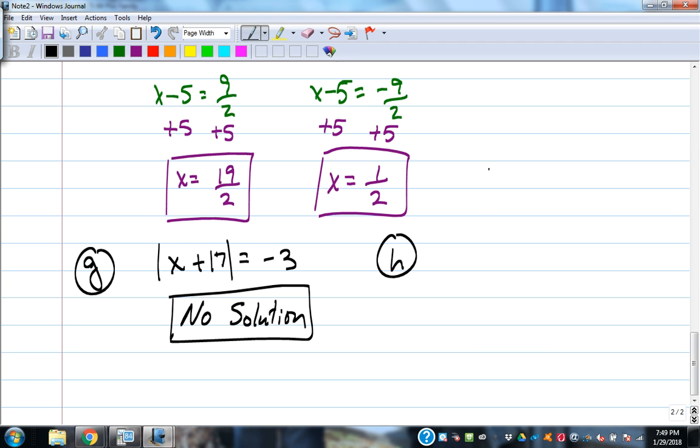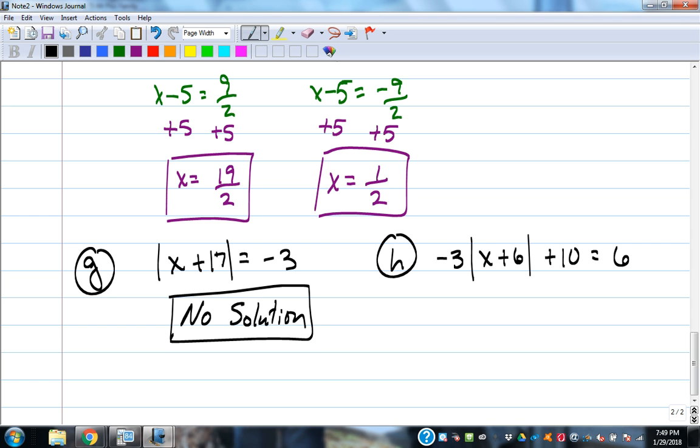Don't jump the gun and decide too soon. So, like if we had this problem, -3 absolute value of x plus 6 plus 10 is equal to 6. Right now, it looks like it's got a solution, but I can't decide yet.